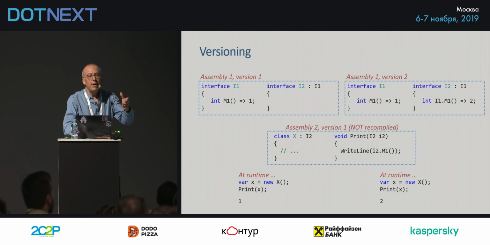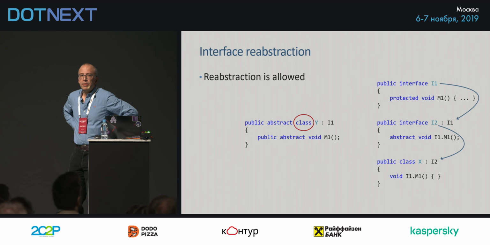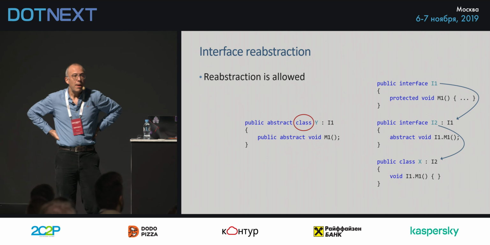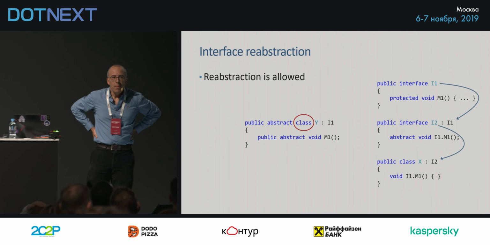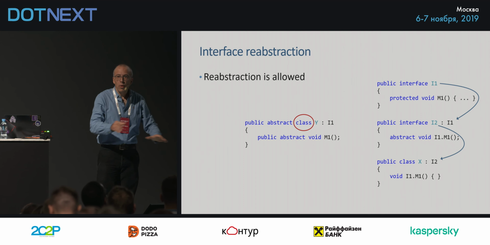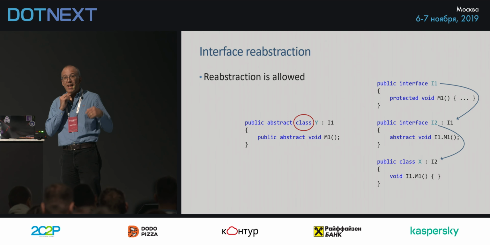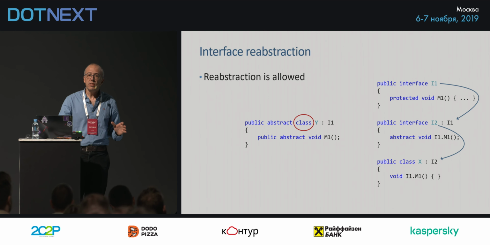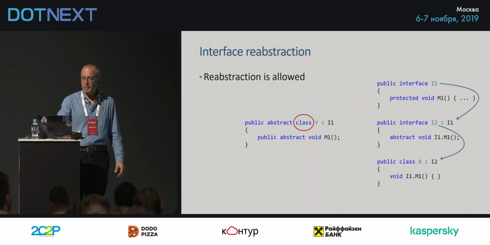This is, by the way, what you would expect. You can even re-abstract the default interface body. So if you have a member and you provided an implementation, and you say, oh no, from now on this hierarchy doesn't want to see the base implementation anymore, you can re-abstract it. I still have no use cases for this. It's too new, but we can discuss it.